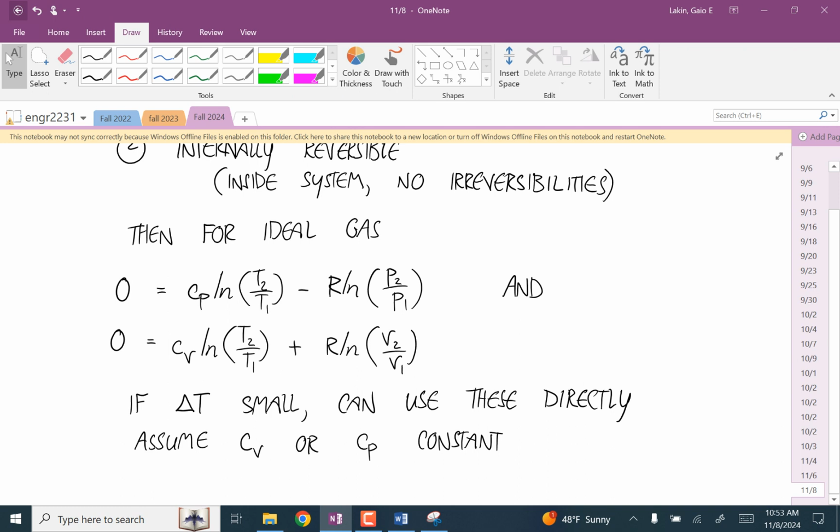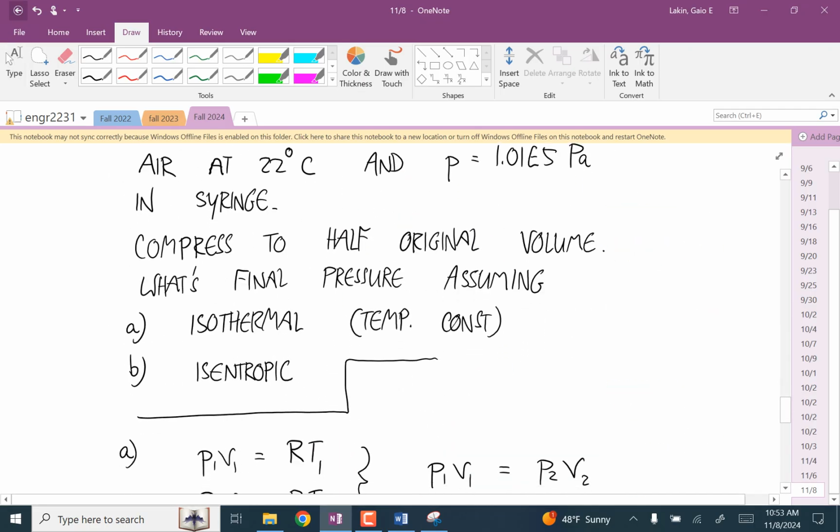But just think of that as one more thing in your toolbox. If you can assume an isentropic process and ideal gases, then you have all these new relationships you can use. Okay, that's all.